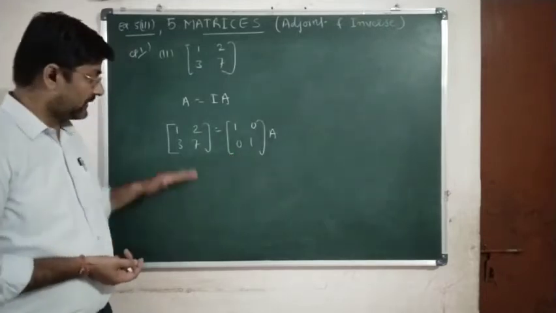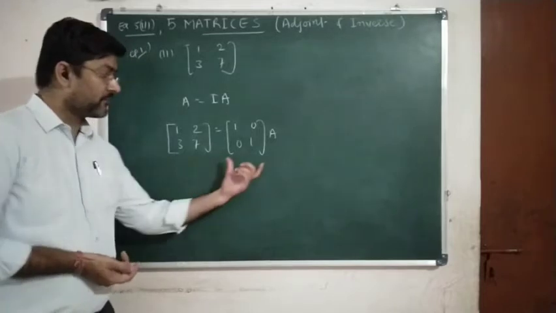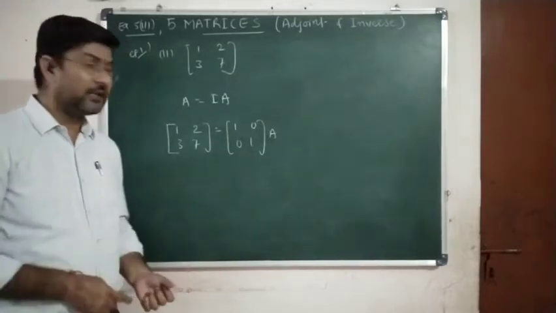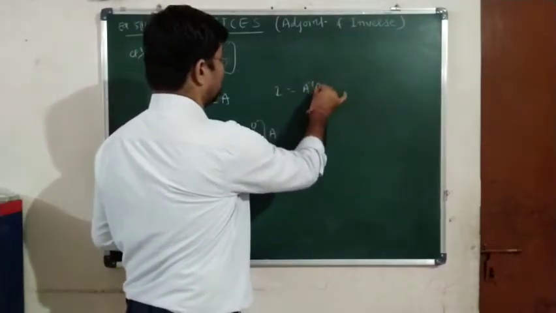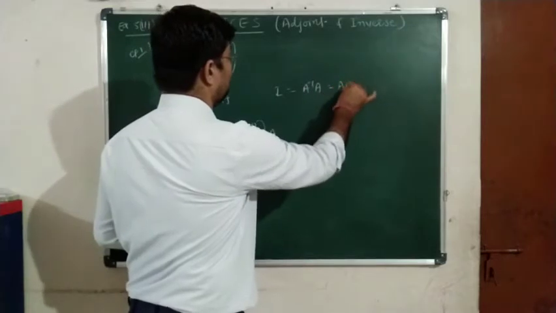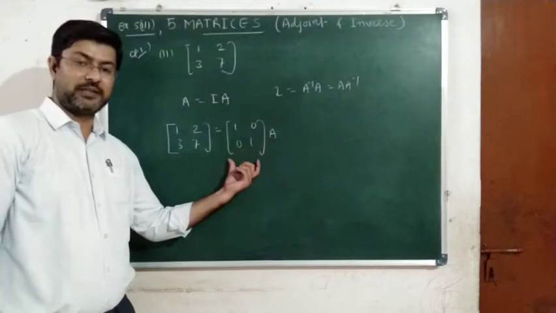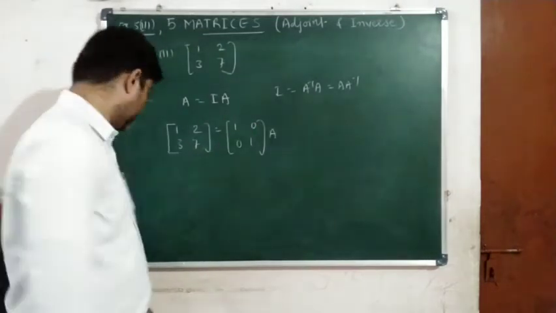Gradually the left side will change into the identity matrix, and on the right hand side we will get a new matrix which will be the required inverse, because we know that I equals A inverse into A or A into A inverse. So the matrix which is in multiplication with A will obviously be the inverse of A.